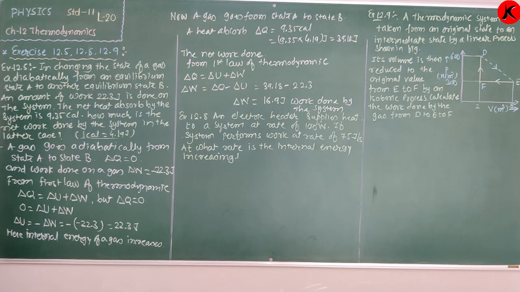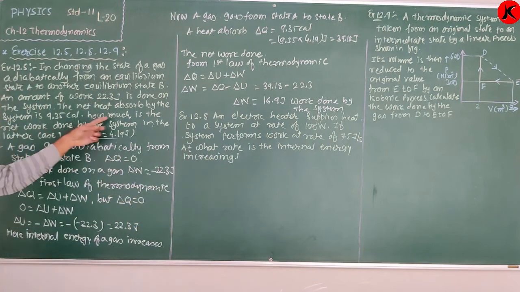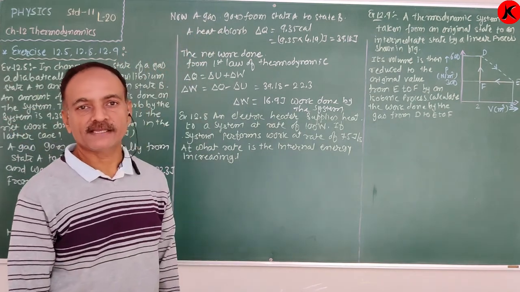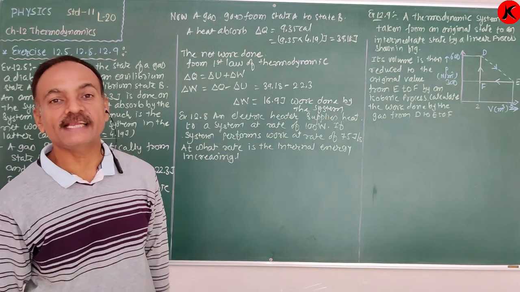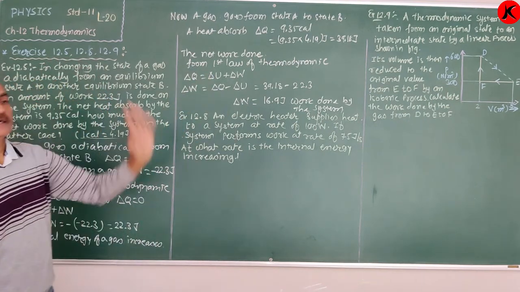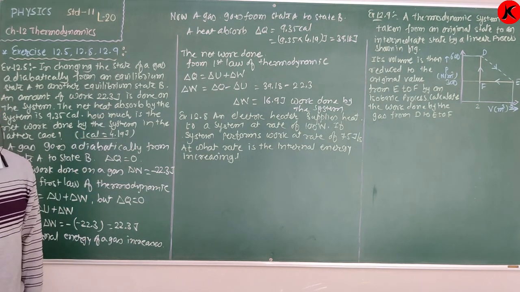Now, in the second part, the gas absorbs 9.35 calorie heat and again goes from state A to state B. Here this process is not adiabatic. Now, whatever the net work done in the latter case, that means in the second part.